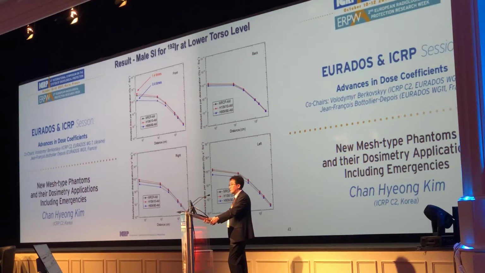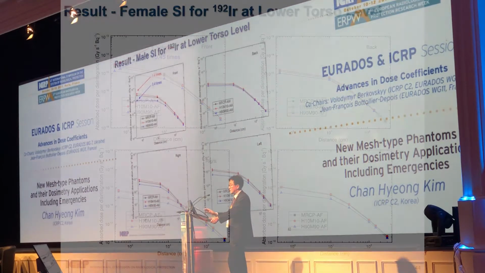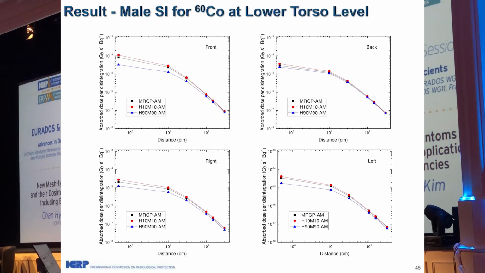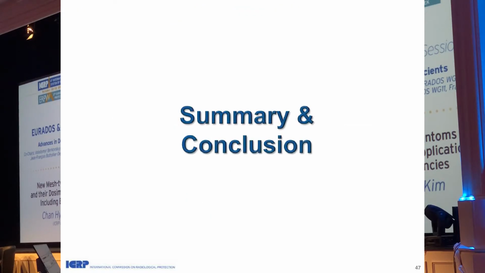When the source is in the back, we don't see that much trend. It's because we don't have much adipose tissue in the back. And for the female, we found very similar results, and the difference is a little bit less. And also we calculated for the cobalt male and female, and basically we saw very similar results.